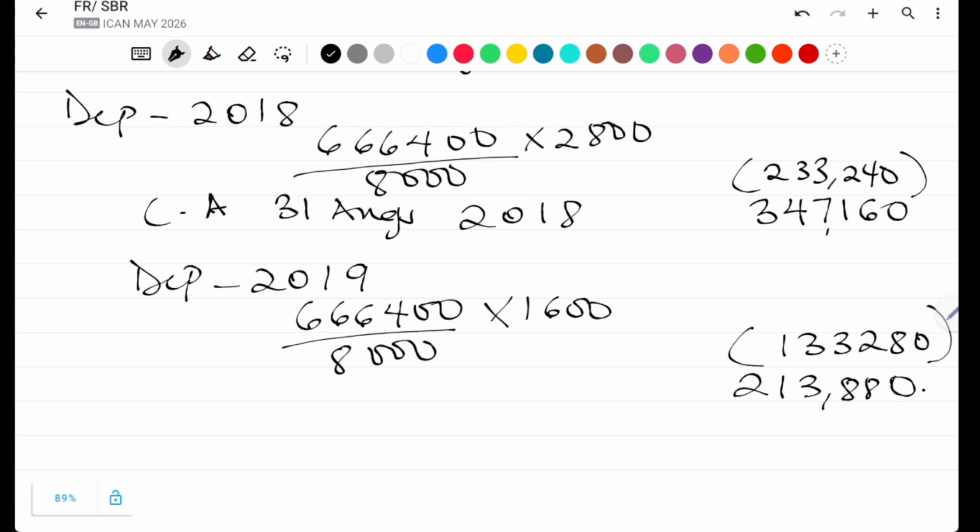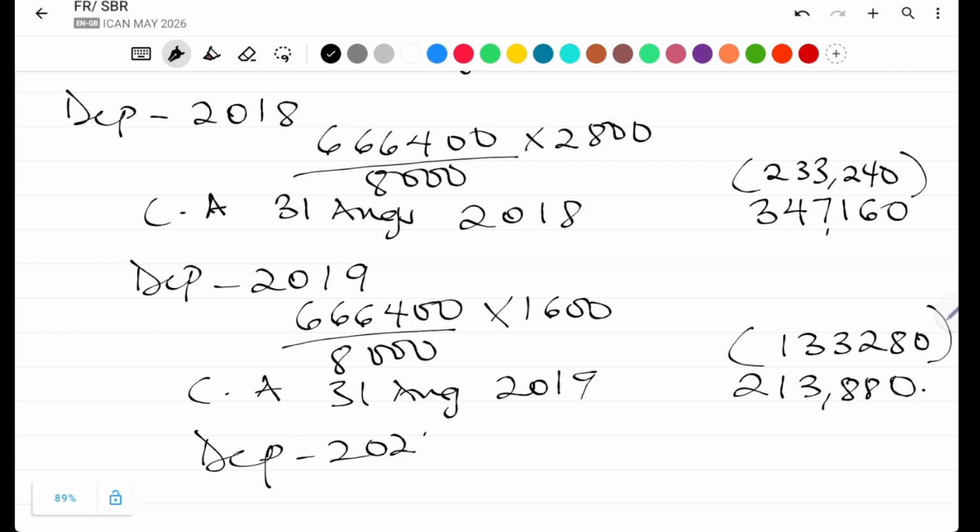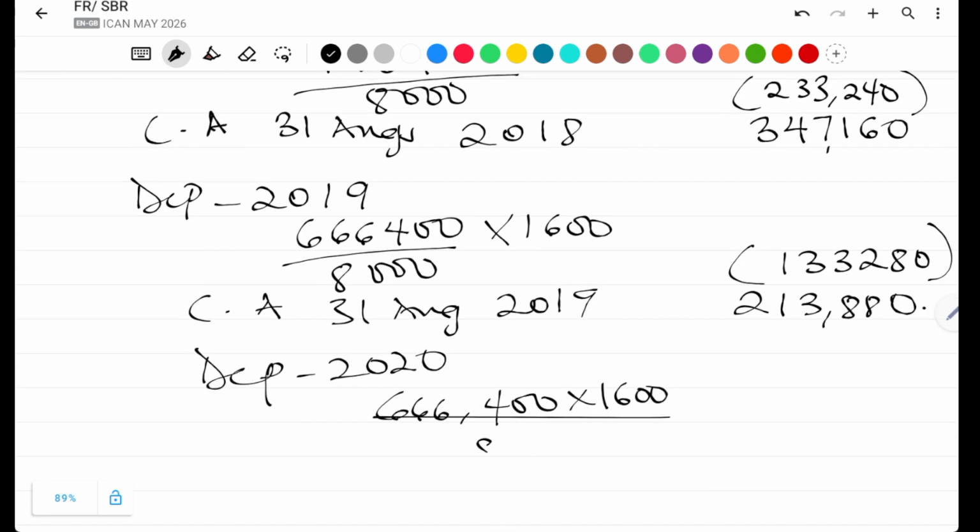Okay, so the position for the last time, which is 2020, this is carrying amounts. That will be 666,400 times 16. Oh wait, for 2020, it's 12.